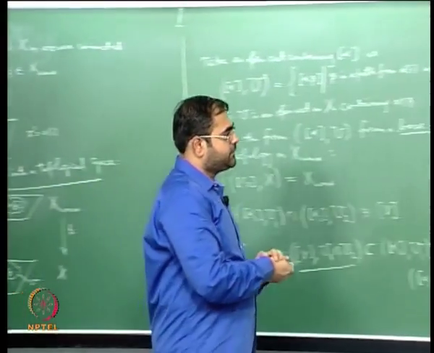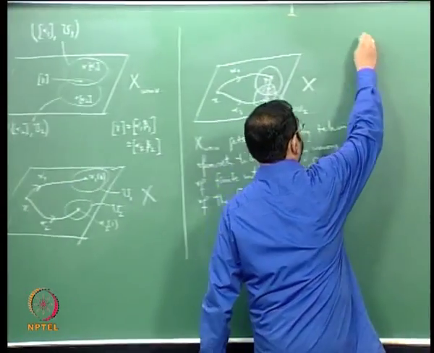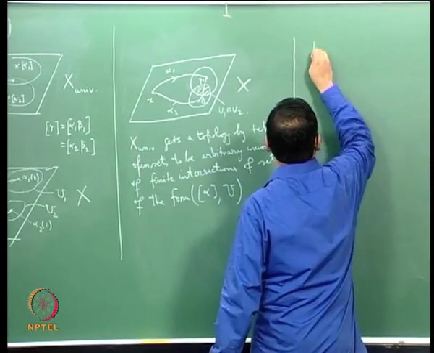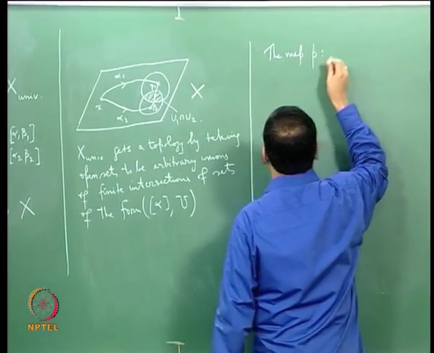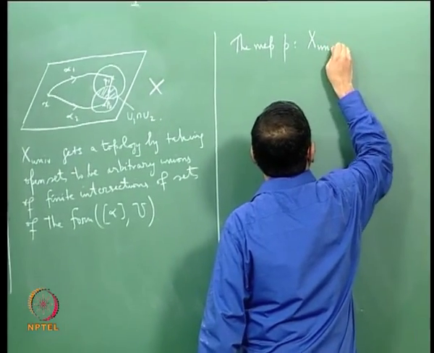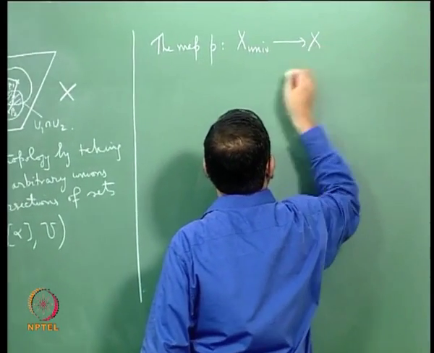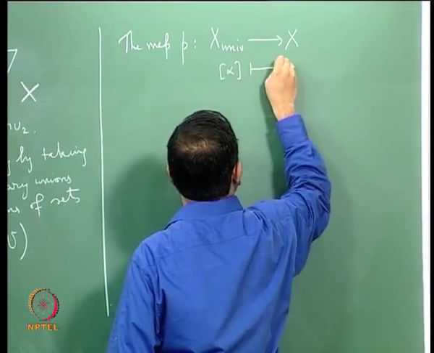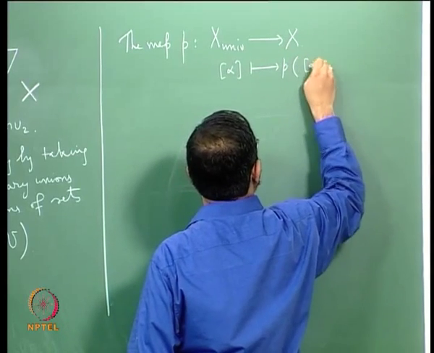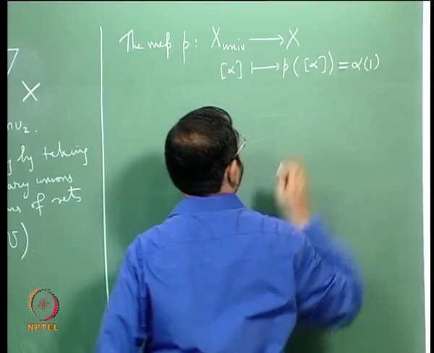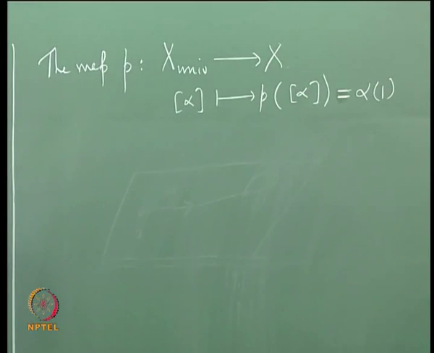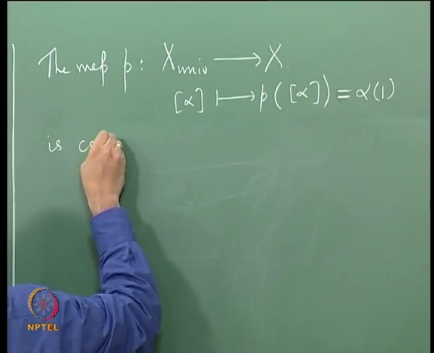So the map P from x univ to x, taking alpha to alpha of 1, that's our map, okay, is continuous.